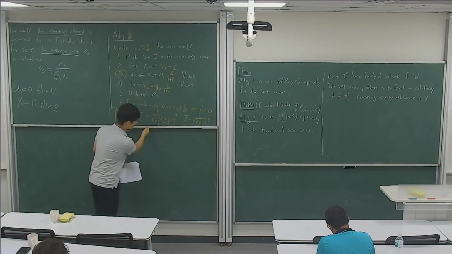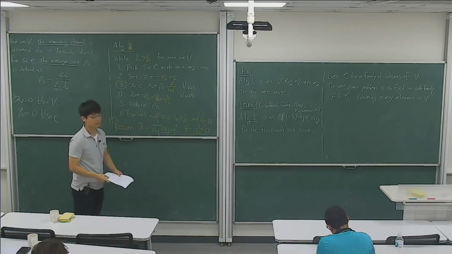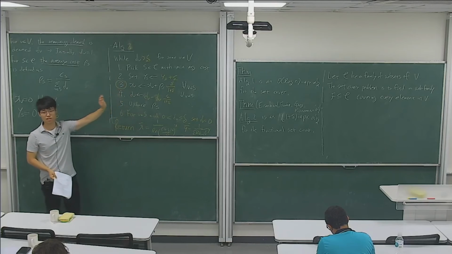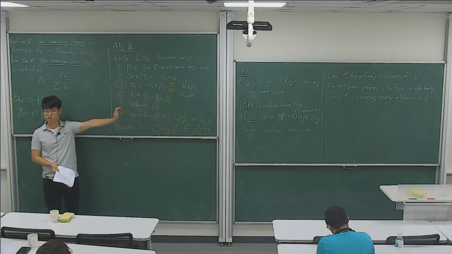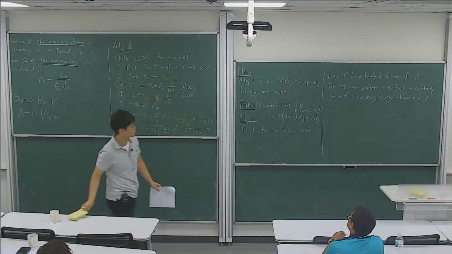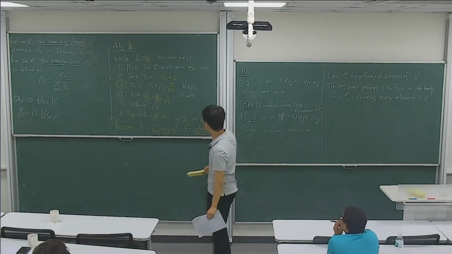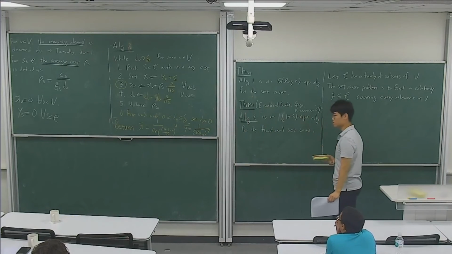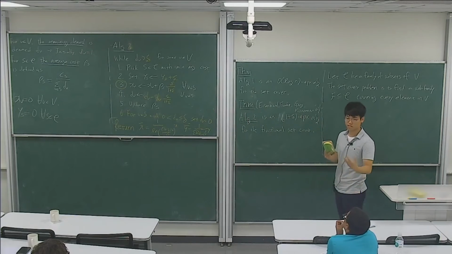You don't have to remember these values, but this is very similar to the set cover algorithm with a very conservative update. This will give you a 1 plus epsilon approximation algorithm for the fractional set cover.